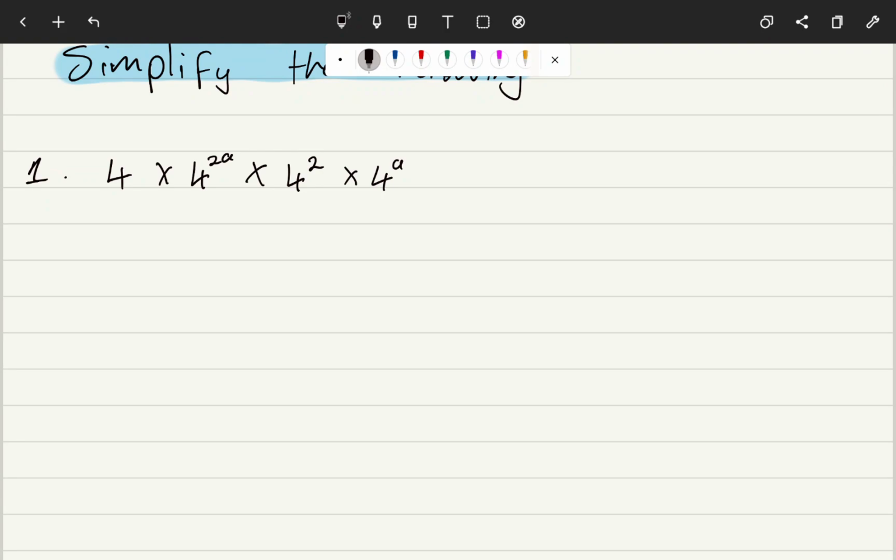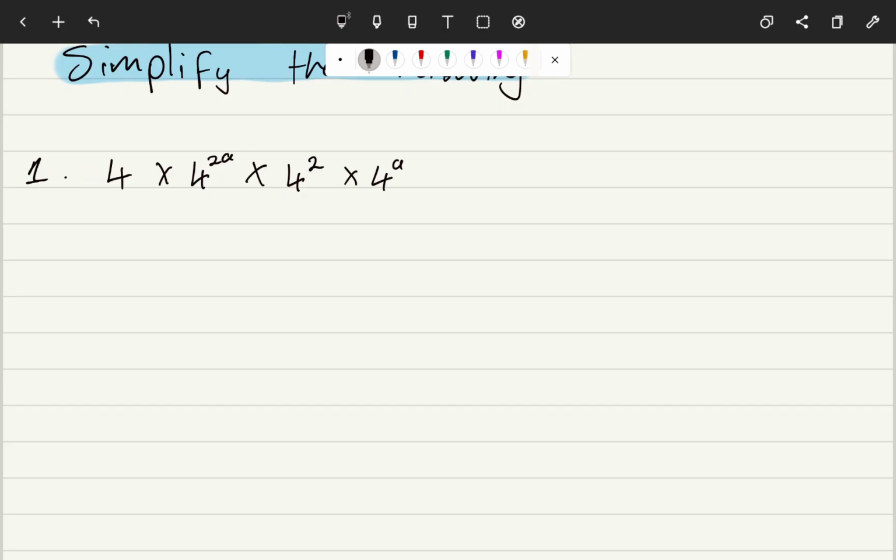What's more important is for you to remember that there's a law that says this. It's not important to know which law comes first or last, right? So you see the law here, you have the same bases.